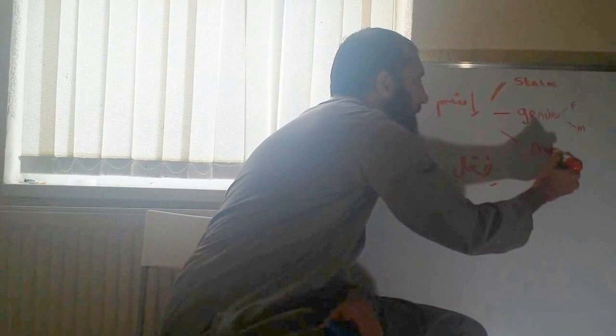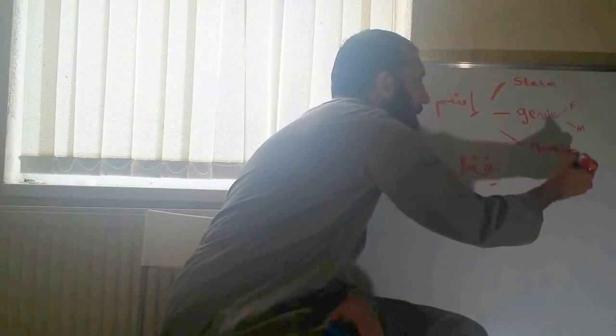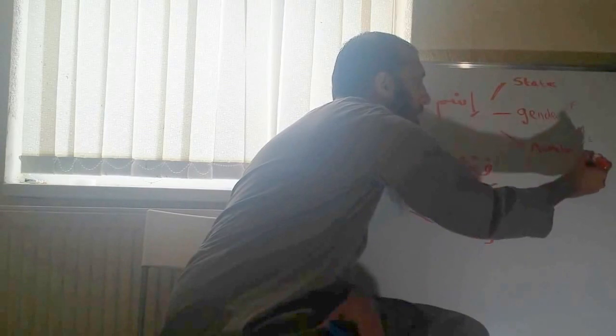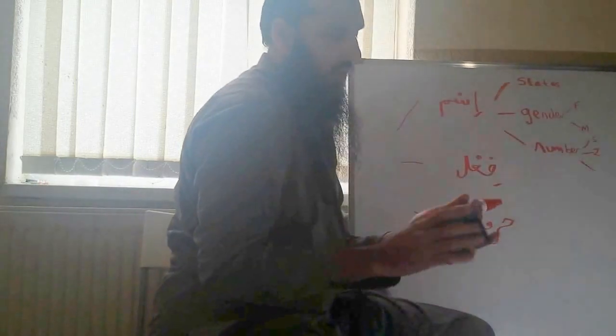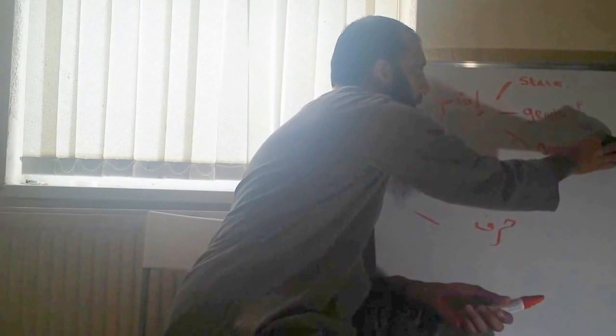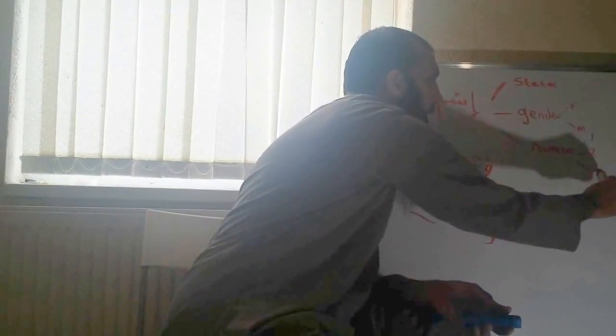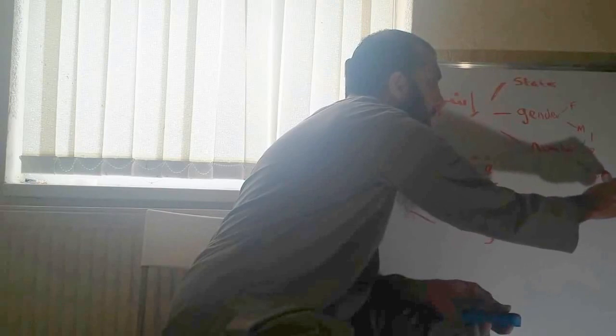Number. So we talked about number, and again slightly different from English in that we have singular, you have your dual or pair, so two, and then you have plural. So one, and this will be 3 plus.